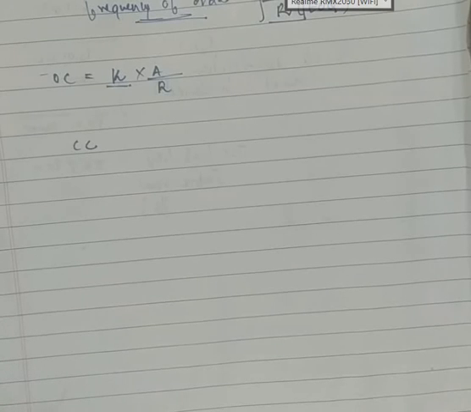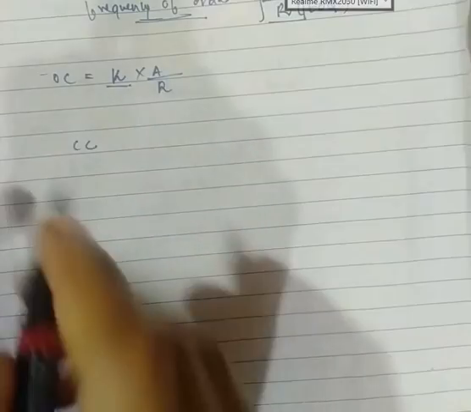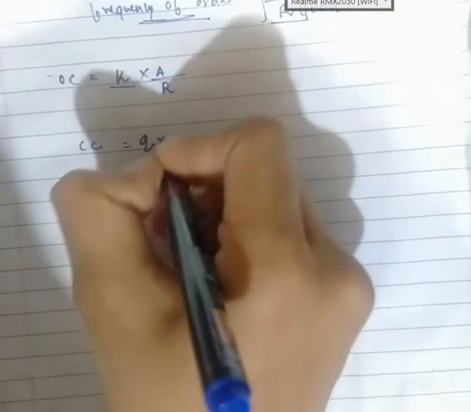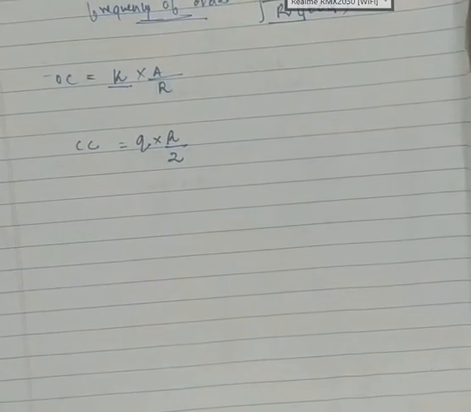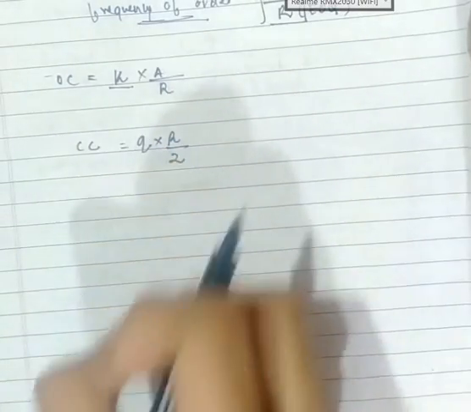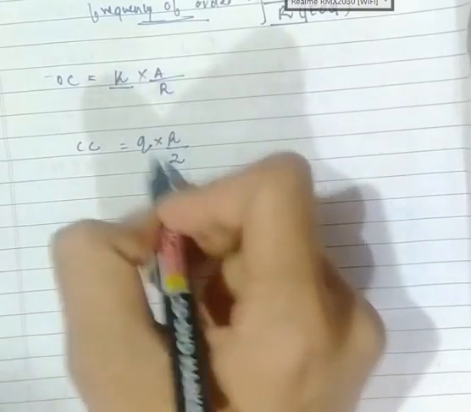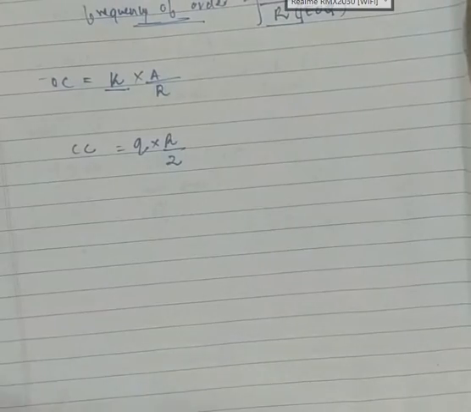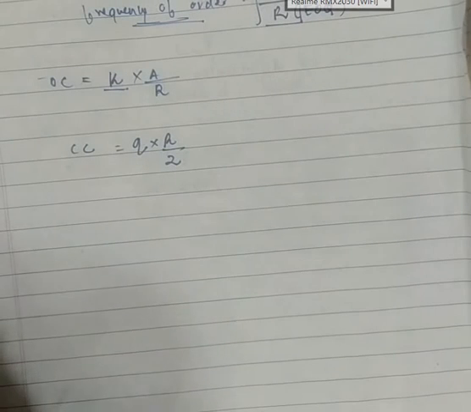But since carrying cost is not always constant and depends upon the inventory level, for simplification we will take the average inventory. So we can write that as some constant Q times R by 2. Q is the cost we need per unit, into R by 2, where R by 2 is the average inventory. So carrying cost is Q into R by 2.